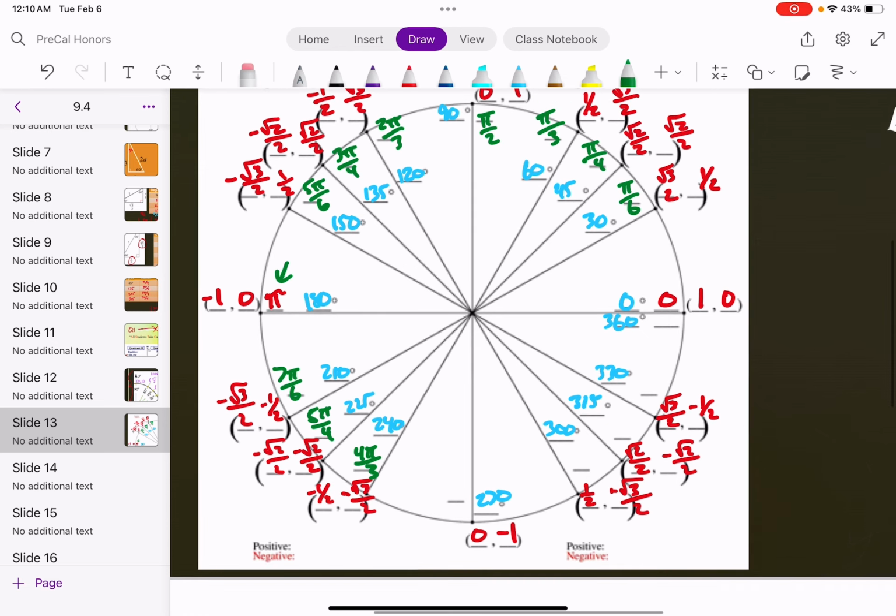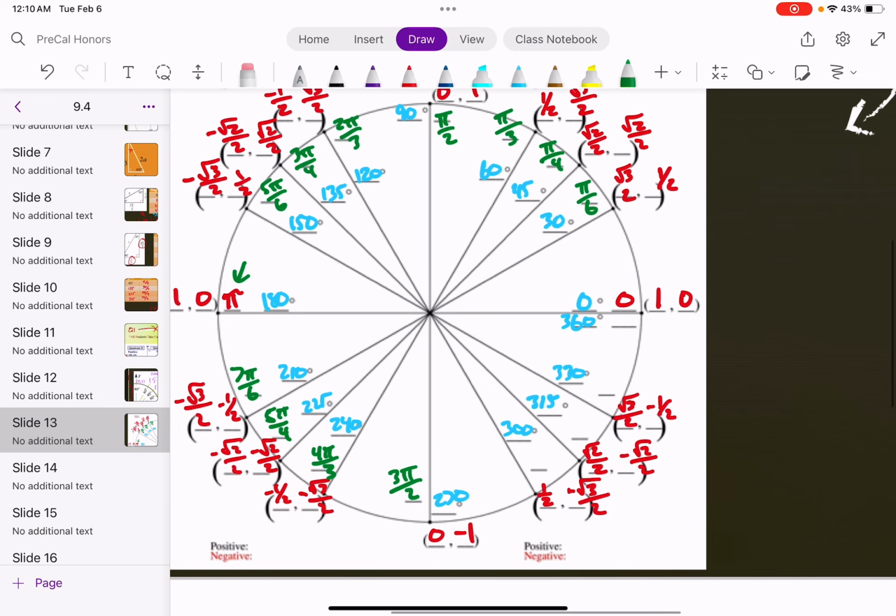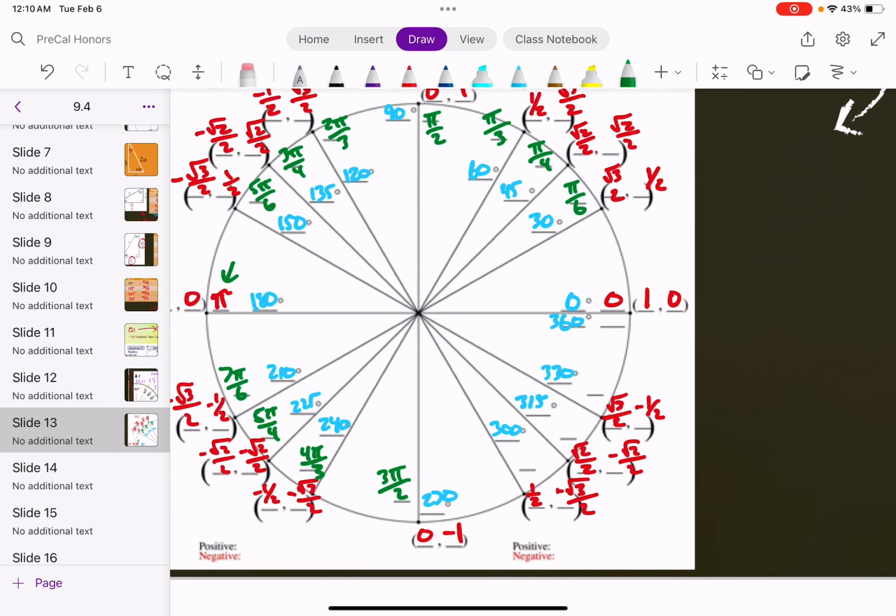At 270, we would be at 3 pi over 2. As we continue going towards 300, once again, this would be part of our 30-degree family, our 60-degree family, which would be over 3, and we would have 5 pi on top.